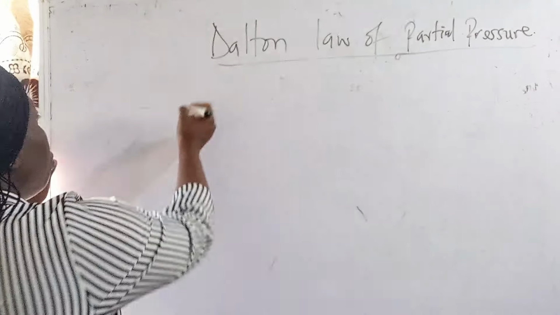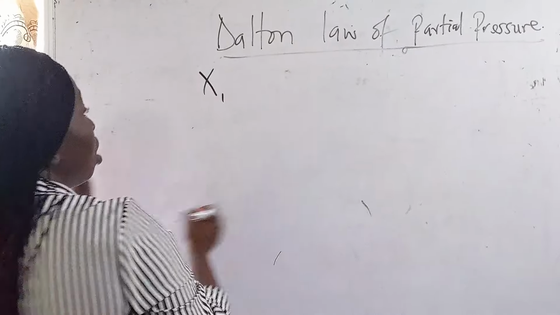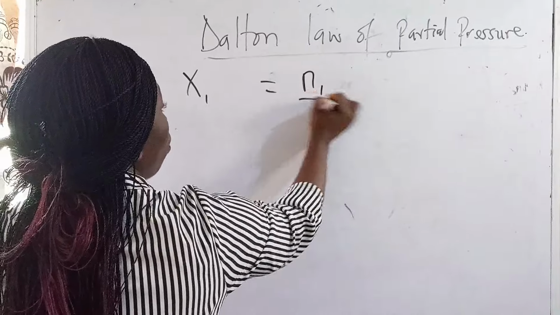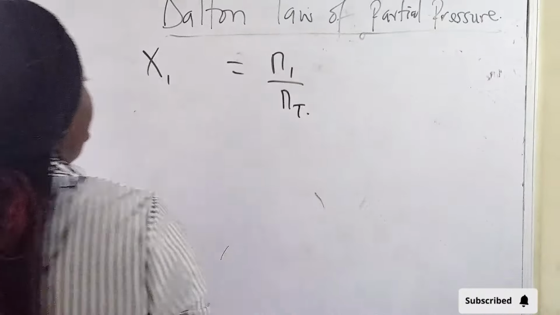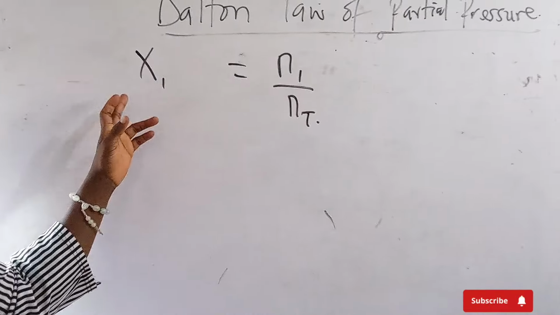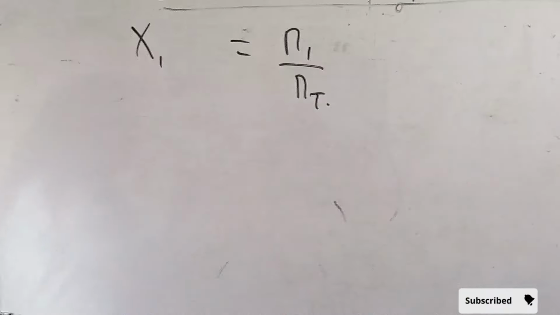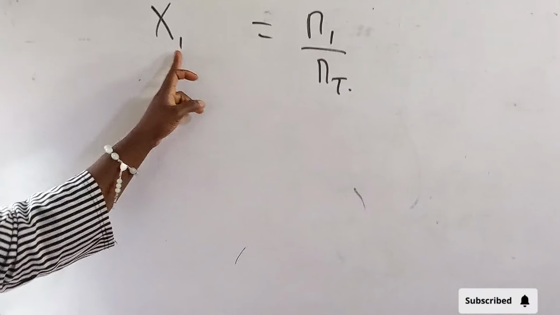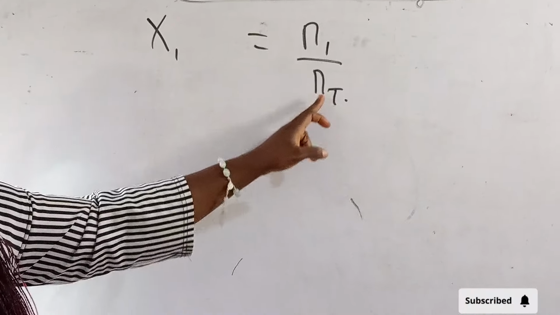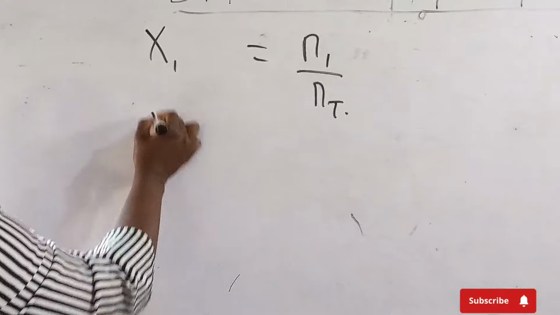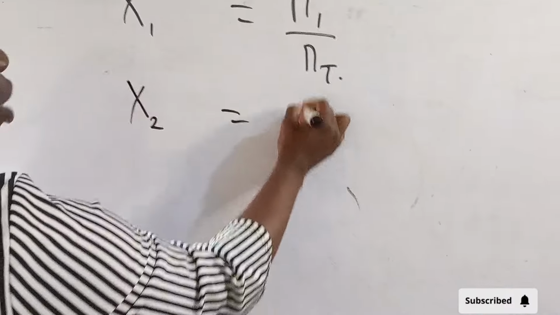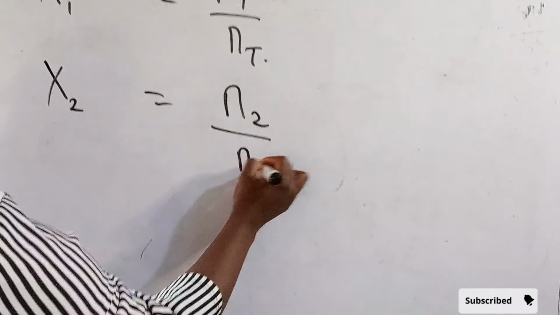The mole ratio will therefore be N1 over NT. So we use X to represent the mole ratio of one gas. So X1 equals N1 over NT. If it is the mole ratio of gas 2, it will be N2 over NT.